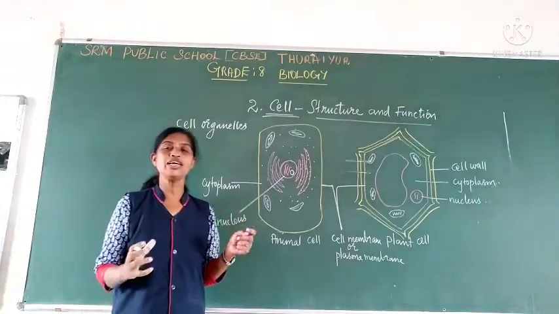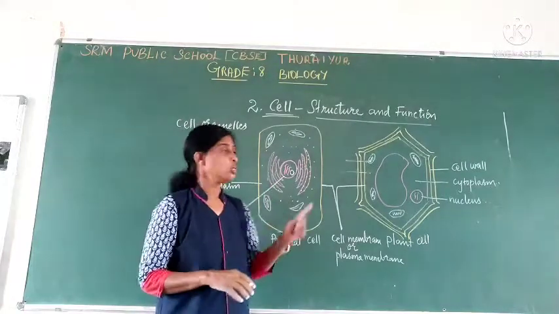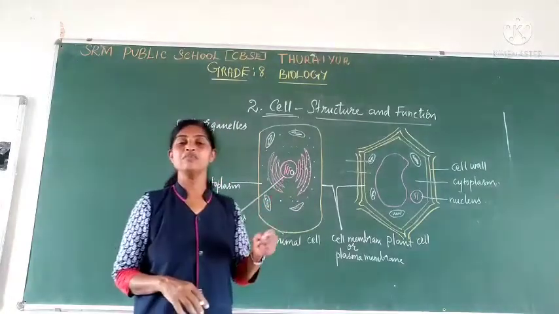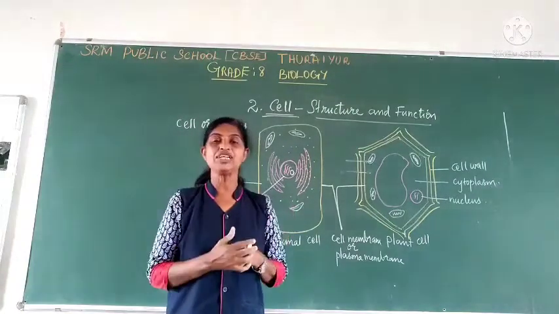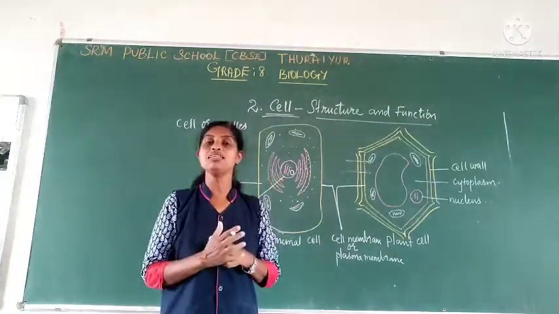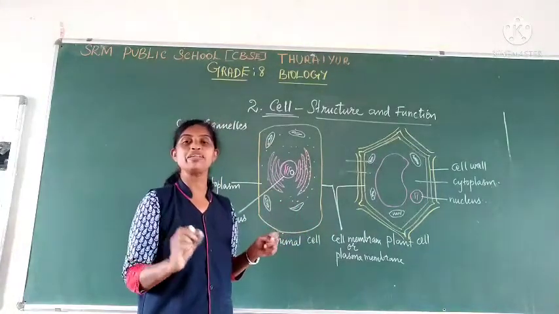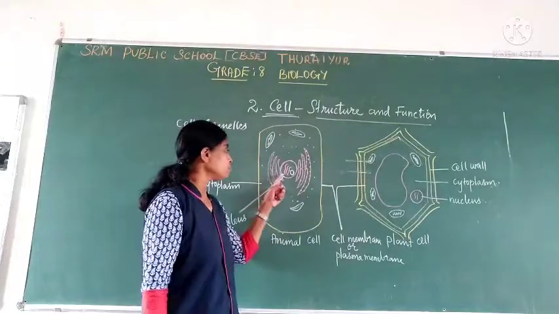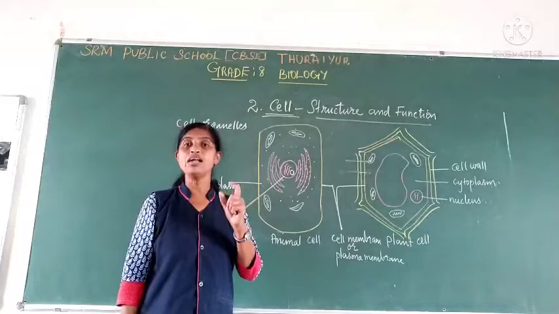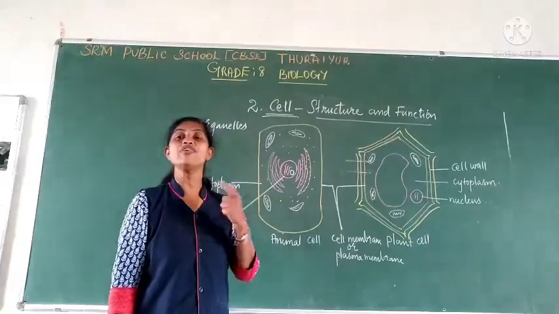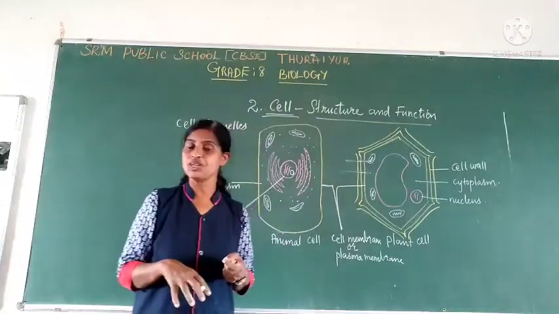Now let us see the nucleus. The nucleus is found in the center. Just recall its shape: it is spherical in shape. It is double walled. Inside the nucleus, chromosomes are present. Chromosomes carry the hereditary information from parents to the offspring, to the children.